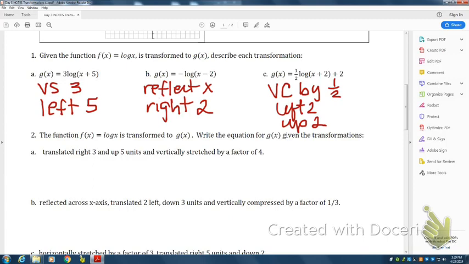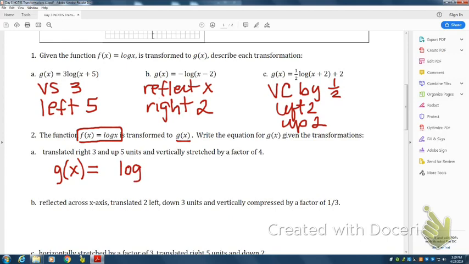Let's try number 2. The function f of x equals log of x. That's your original function, and it's transformed to be g of x. So you're going to start every single one of your equations with g of x equals. And it starts out with log.